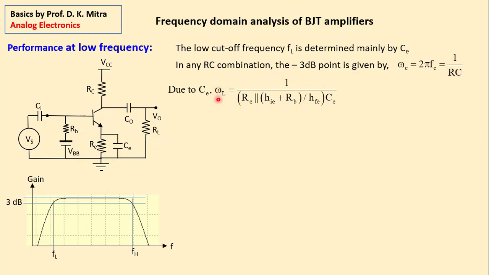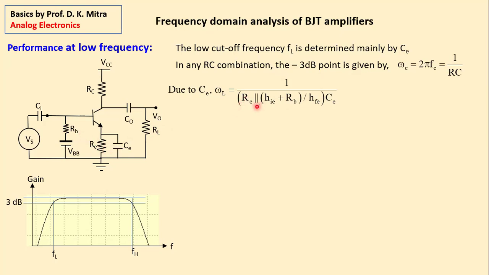It is not necessary at this moment to go into further deduction, just to show you that HIE, you cannot do anything. Once you select the transistor, it is selected. HFE also, you cannot do anything. But RE and RB, these resistances are your selection.